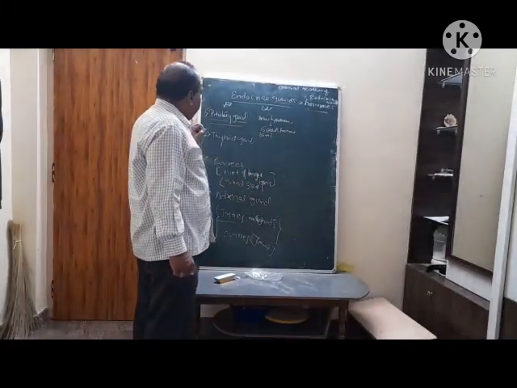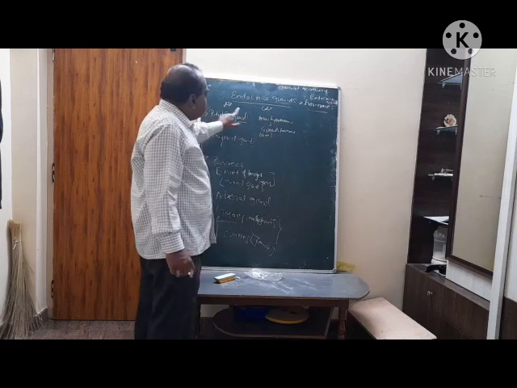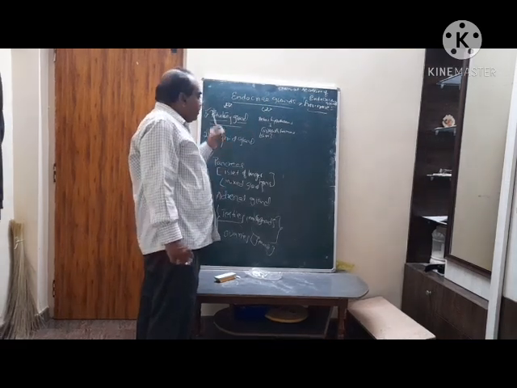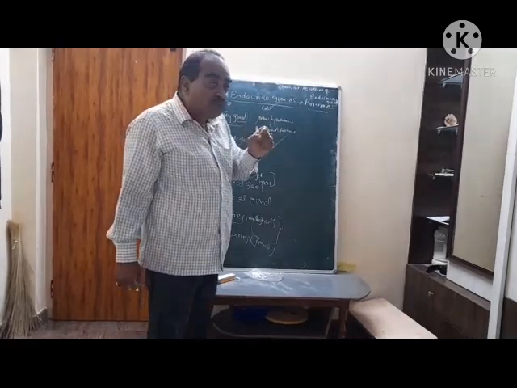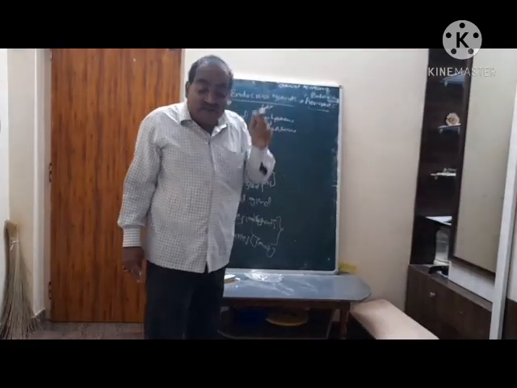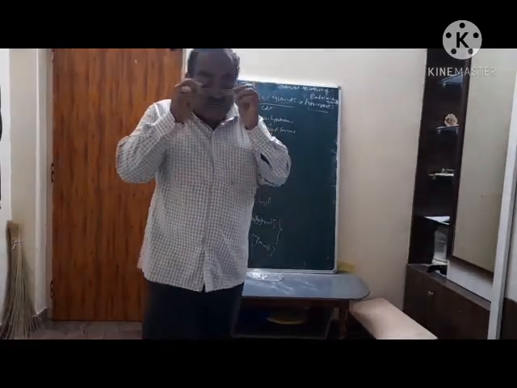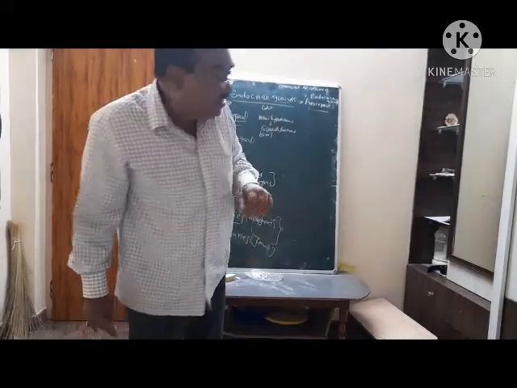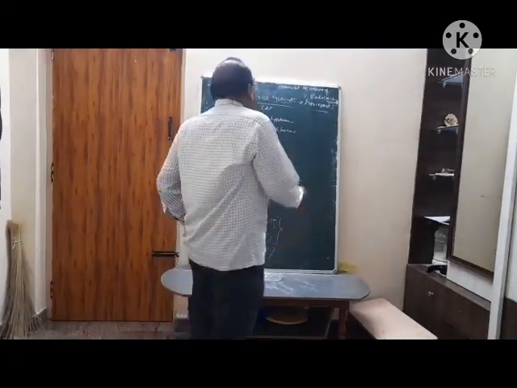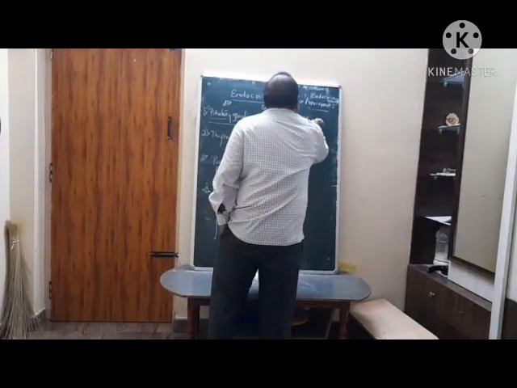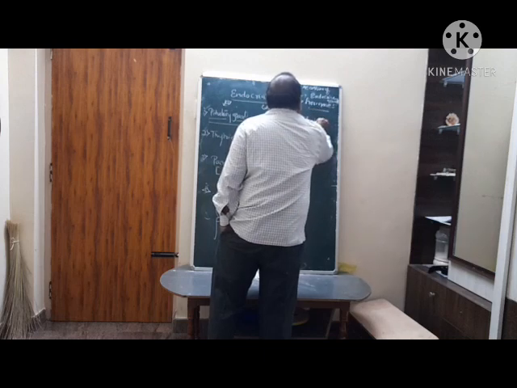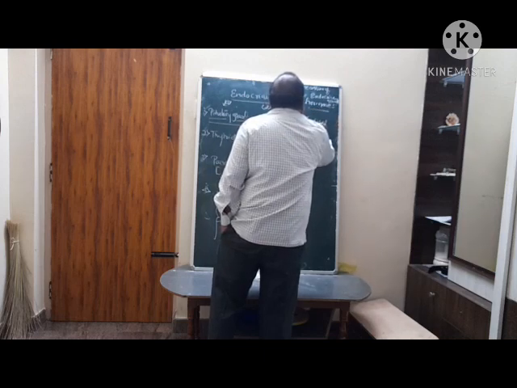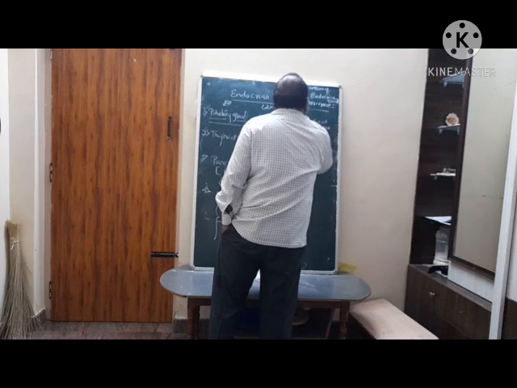So here, the pituitary gland produces the growth hormone. This growth hormone regulates the physical and mental development of the body.